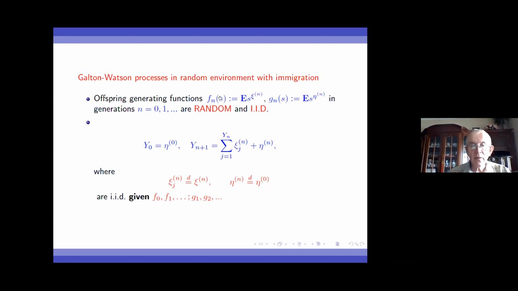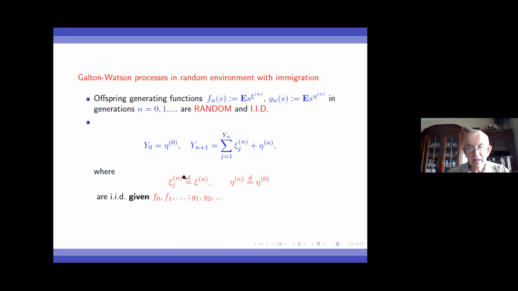Since we have a random environment, it is assumed that these probability generating functions are random, independent and identically distributed. Branching process in random environment with immigration is specified by the same formulas.